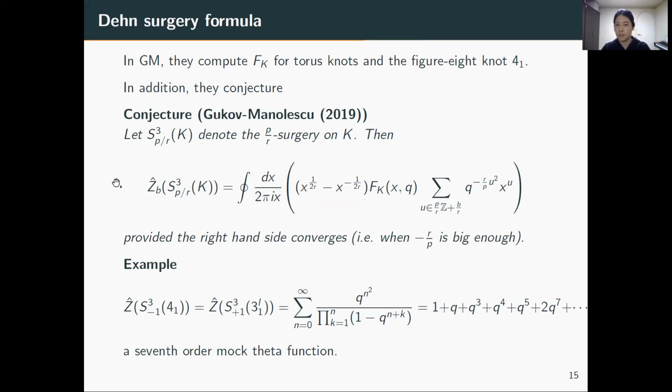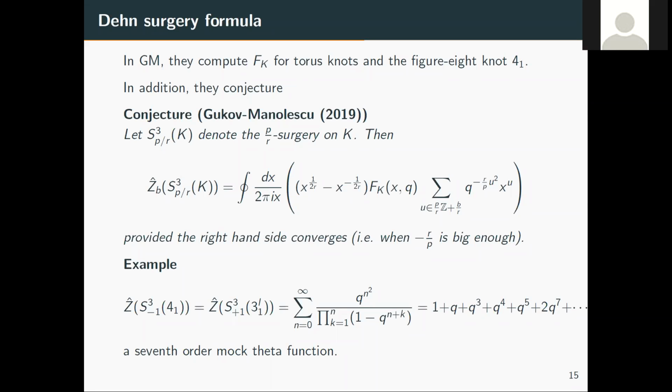So you mean this formula? Yeah, this only works when the negative of the inverse of this coefficient is big enough. Okay, I see. And for the 0 surgery, you can think of Z hat for the 0 surgery as just the first coefficient of the FK.